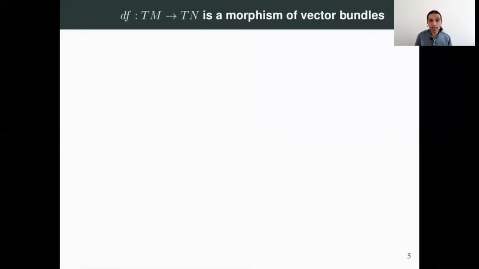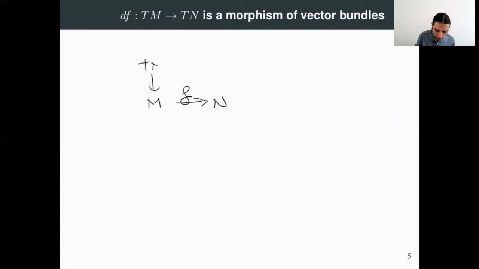Okay, so now we can consider an example of fiber map, an example of morphism of vector bundles. We consider two manifolds M and N and a differentiable map F, we can consider, for instance, that all of them are C infinity.